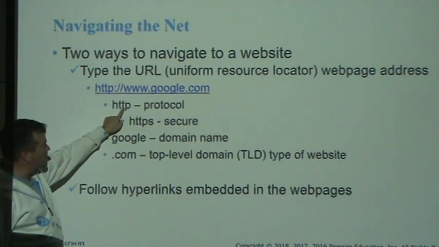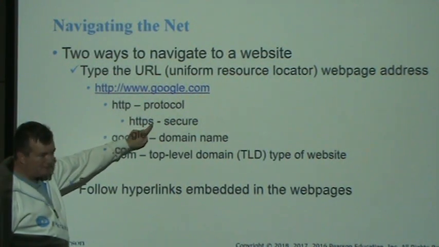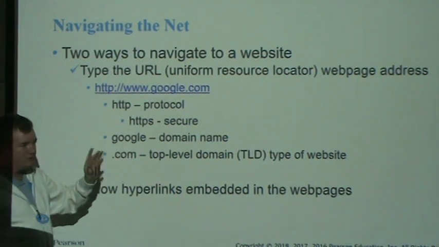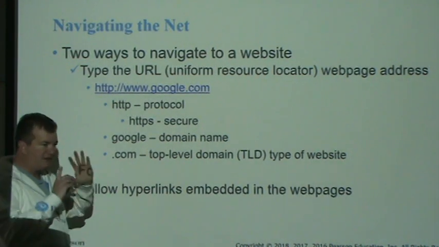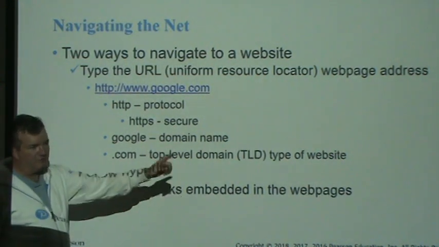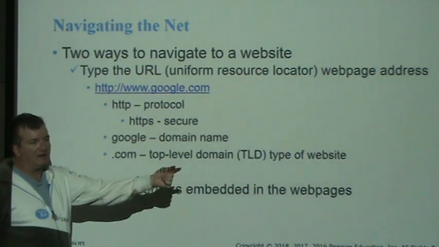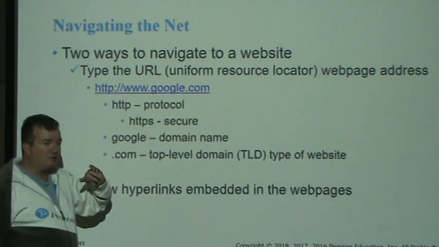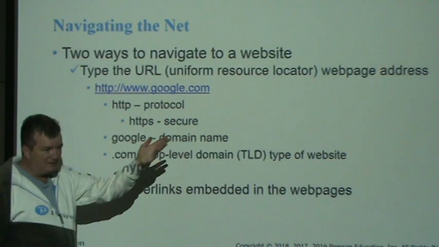Okay, if you wanted to use HTTPS, that's the same as HTTP, except the S means it's secure, and what secure means is that all the messages that you as the client are sending to the server and all the messages the server is sending back to you will be encrypted before being sent.